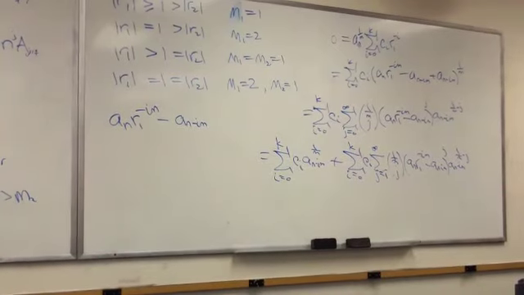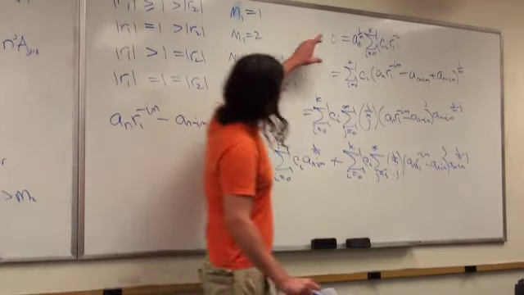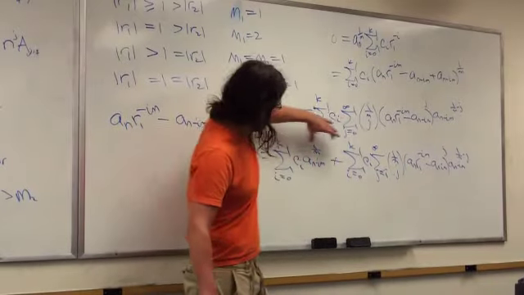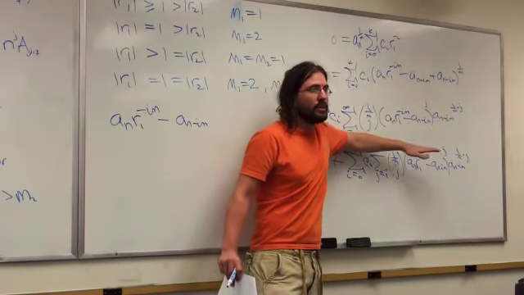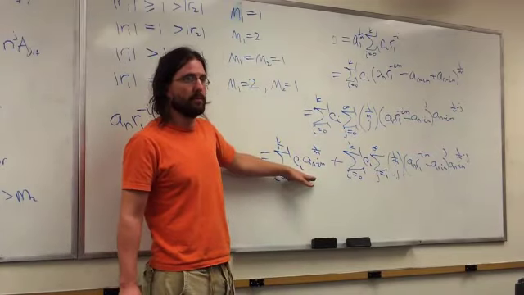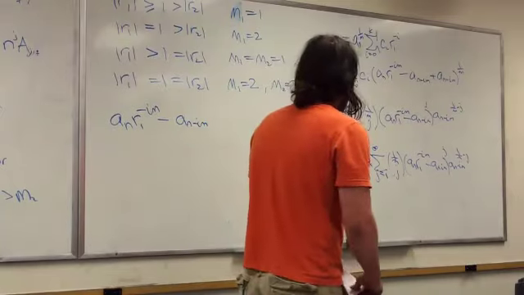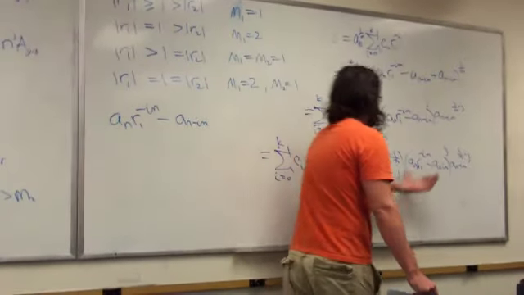This is the guy that I want to show goes to 0. It's this guy. Right? So I have that 0 is this plus this. So if I can show that this goes to 0, then that means this must go to 0. Right? And to do that, we just played games with this.